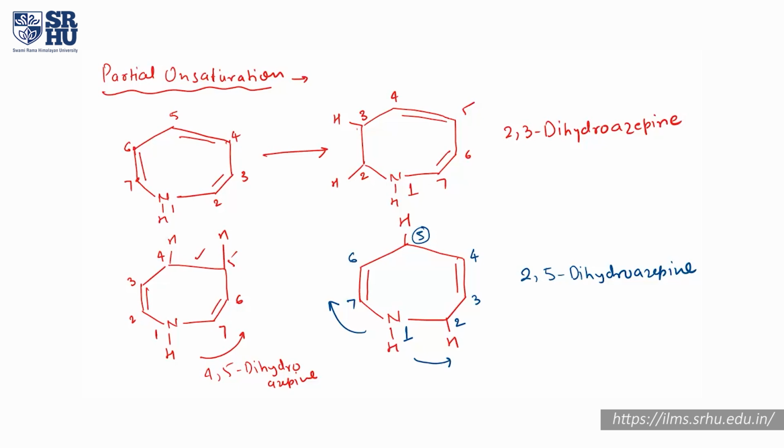Now let us say we have this partial unsaturation along with a substitution. Let's say this is the molecule, and we have one methyl group at this position and one ethyl group, C2H5, at this position.